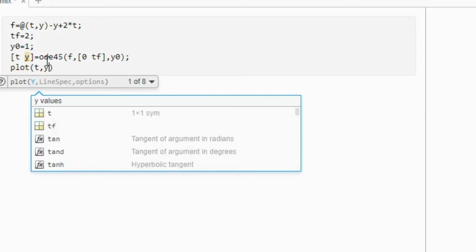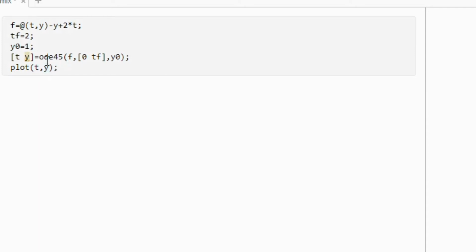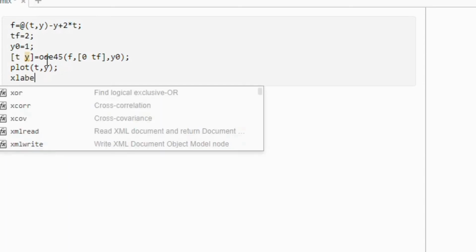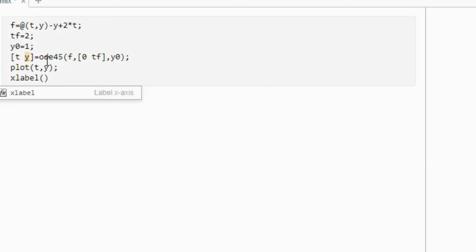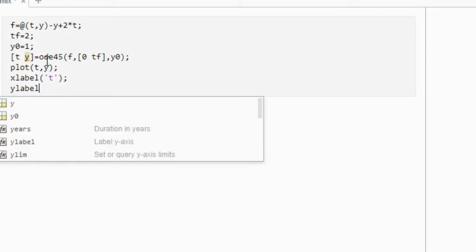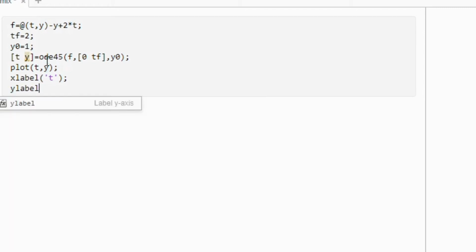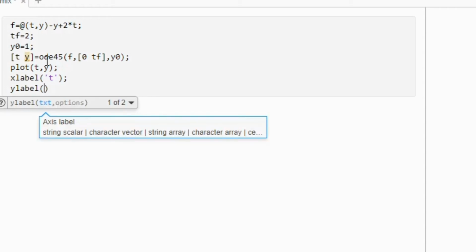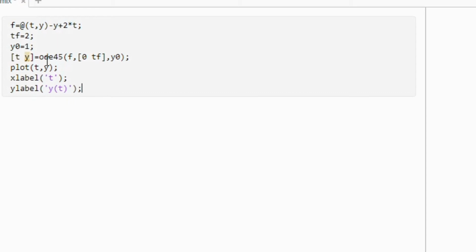Inside the parenthesis you will write t comma y with a semicolon, and xlabel. Inside the parenthesis with double quotation marks you will write t, and ylabel, inside the parenthesis you will write with double quotation marks y(t). Yes, this is y(t). And now semicolon.